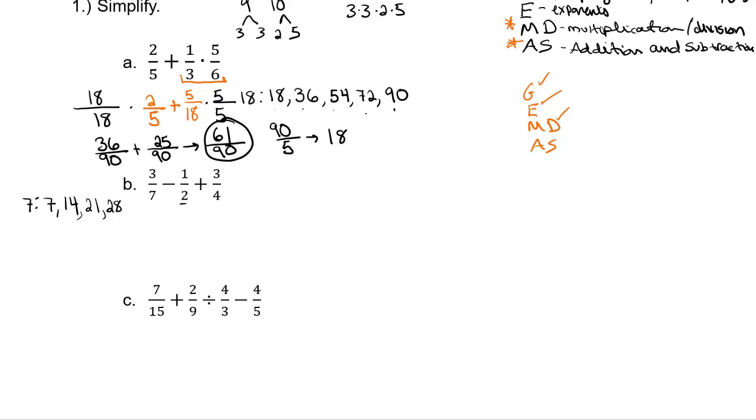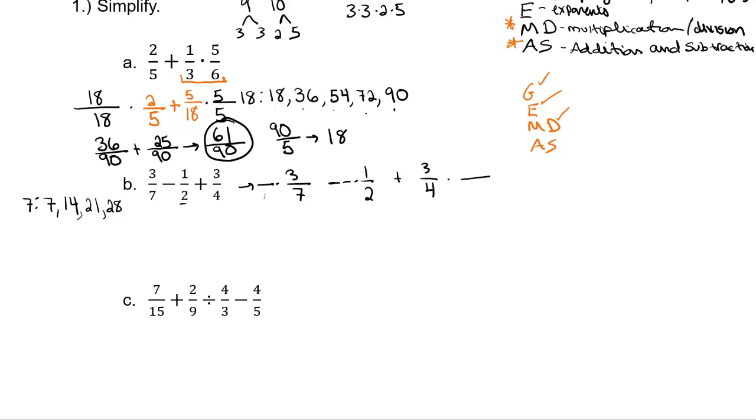All right, just for space, I'm going to go ahead and rewrite this so it's easier for me to show what I'm doing. Minus 1/2 plus 3/4. I know that my new denominator is 28. So what do I do to each of these denominators to get a denominator of 28?